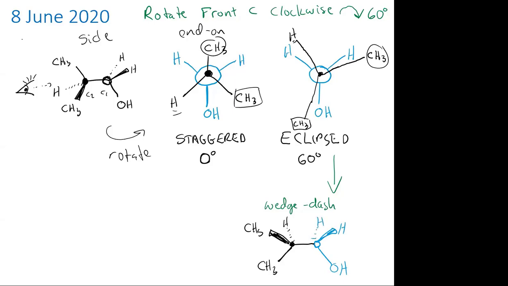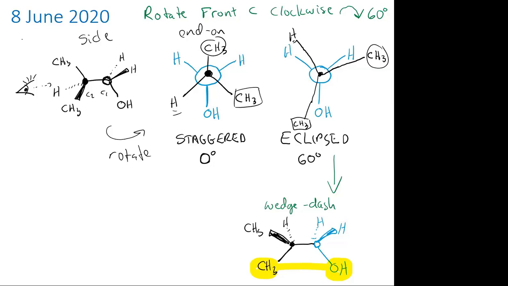Notice that the elements that are eclipsing one another are the ones that are lined up. The CH3 on the front carbon and the OH on the rear carbon that are both in the plane of the page and pointed down are lined up, eclipsing each other.